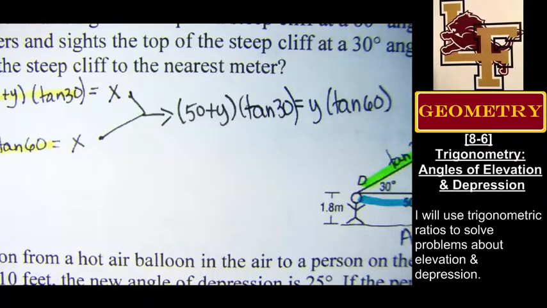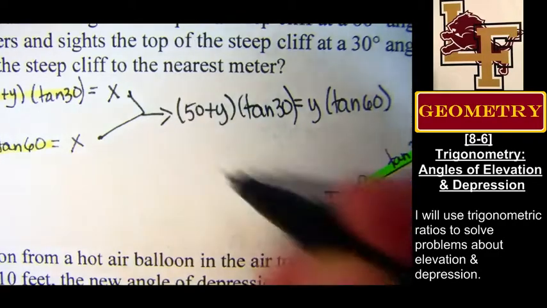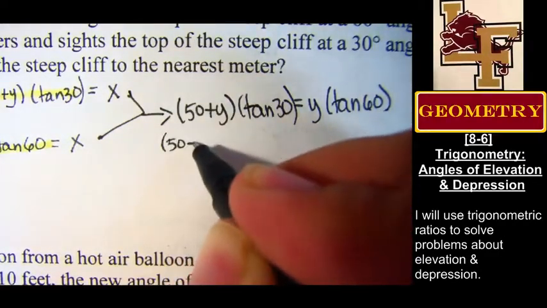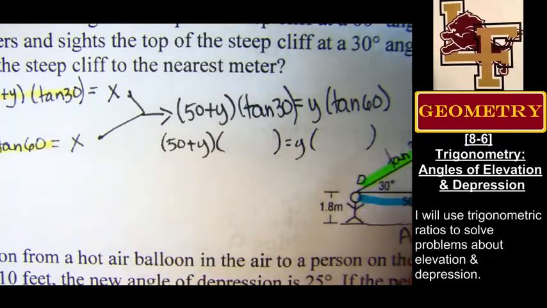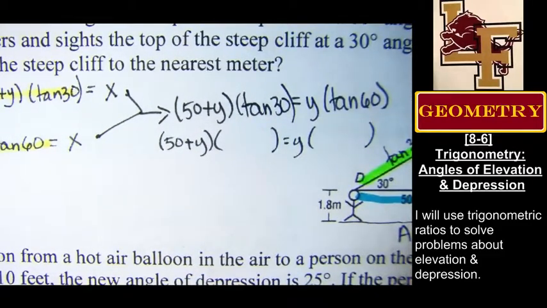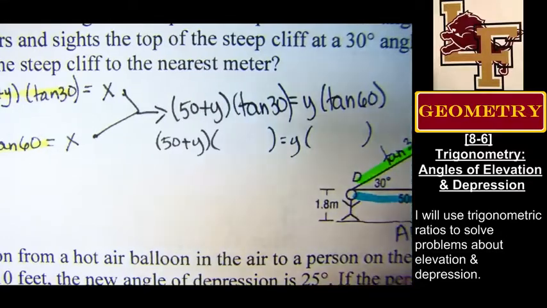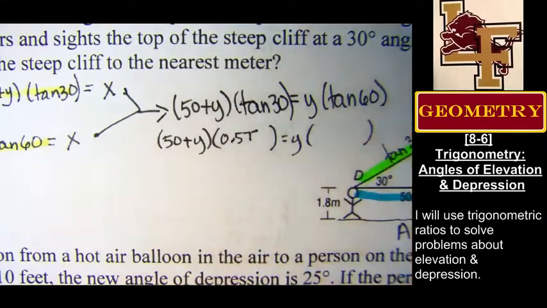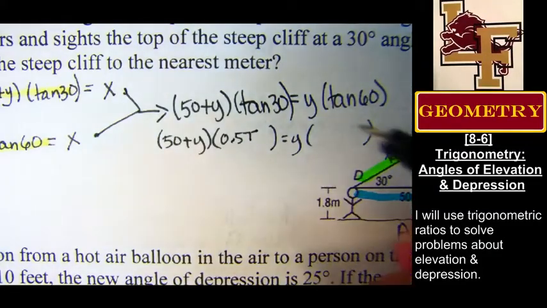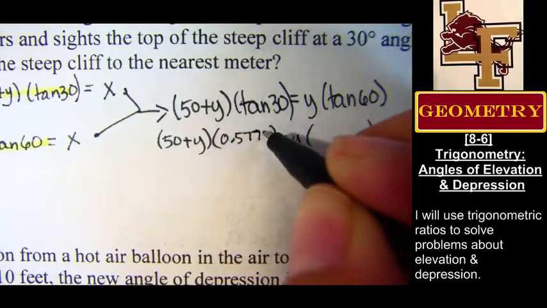Use your calculators and give me tangent of 30 and tangent of 60. Let's go to 4 decimal places and then round. What comes after the 3? A 5, so then 7, 4.